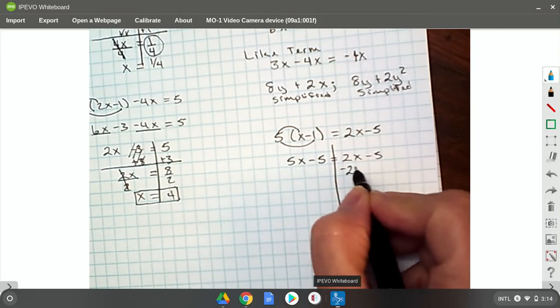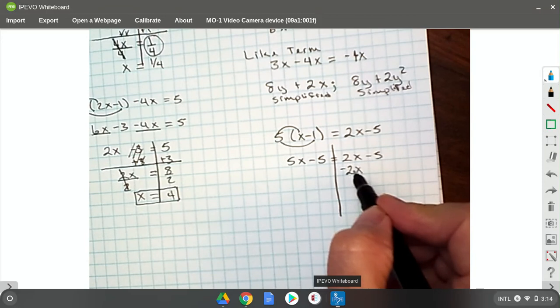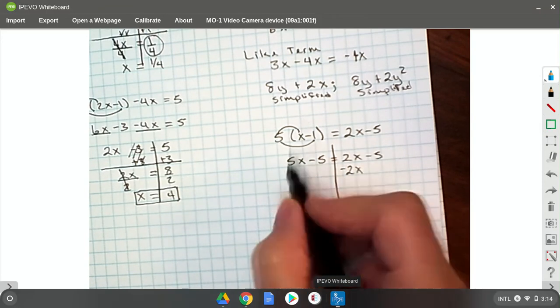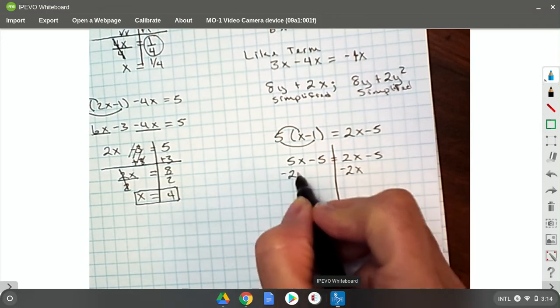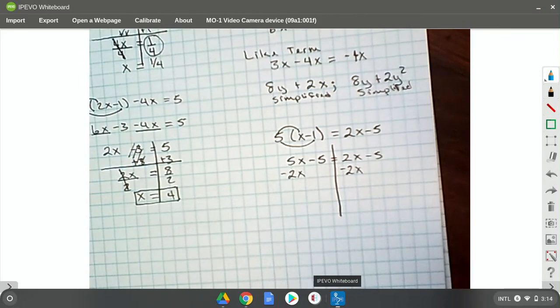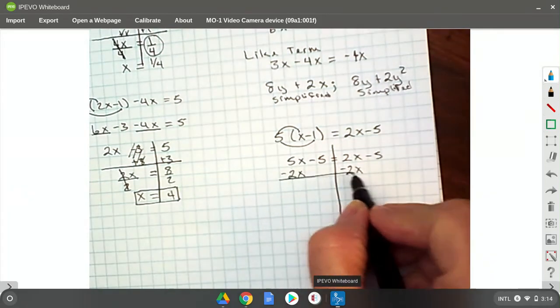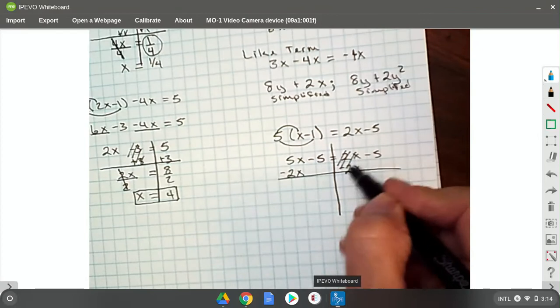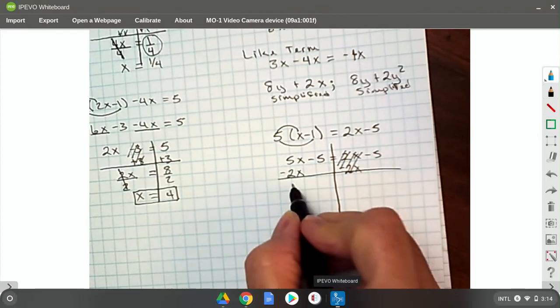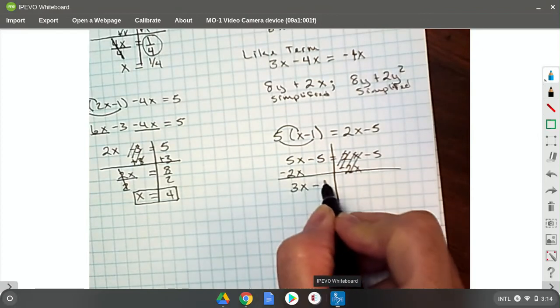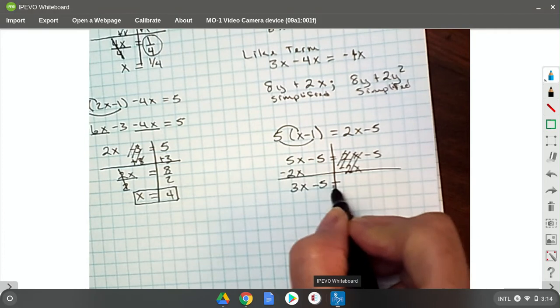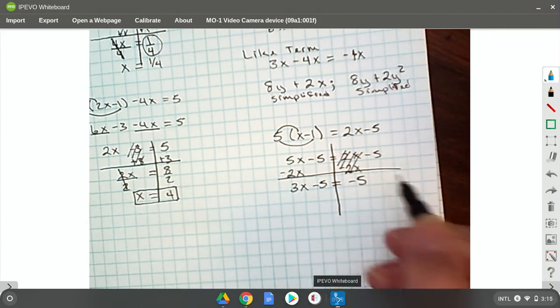It's a positive 2x, so I'm going to do a negative 2x. Now I have canceled it here, and I have 3x minus 5 equals negative 5.